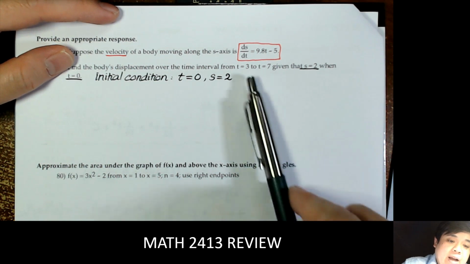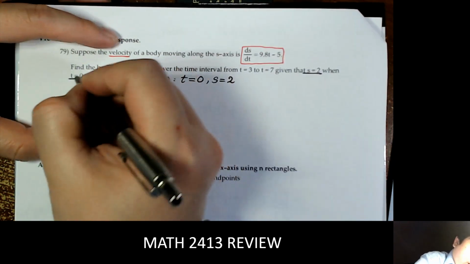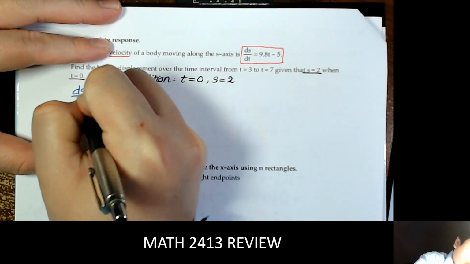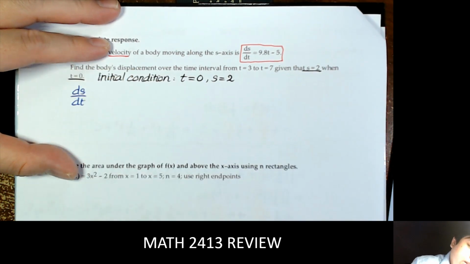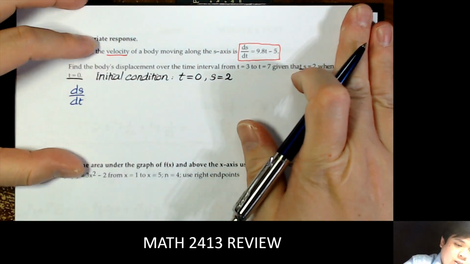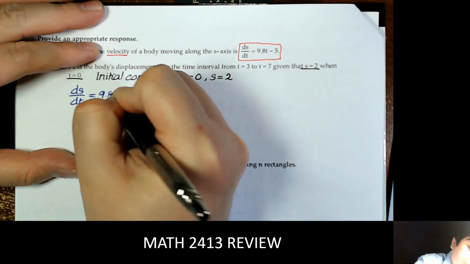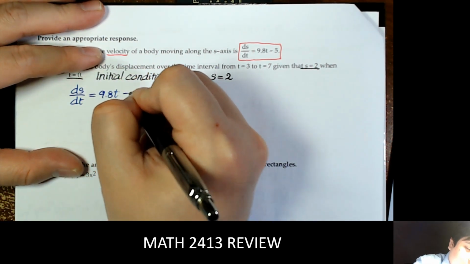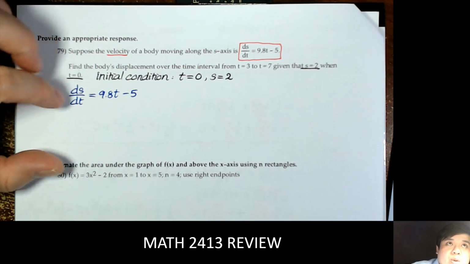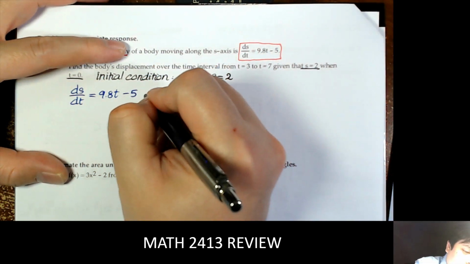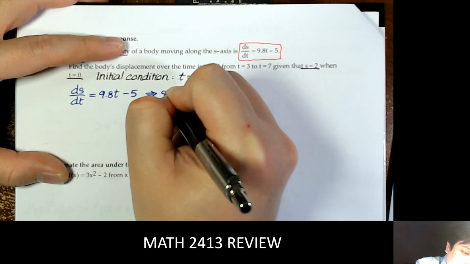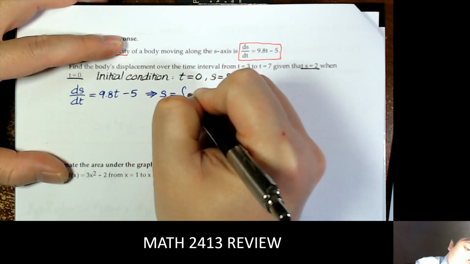Right. Now, we start with the derivative, which is equal to 9.8t minus 5. So that is the derivative. To get back to the displacement, we'll integrate.